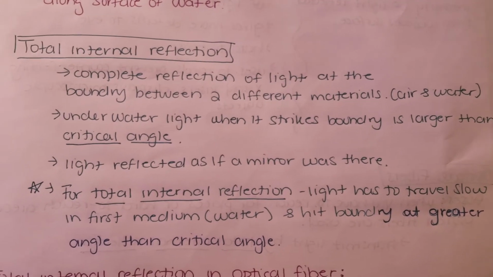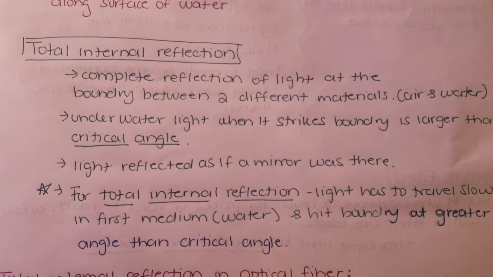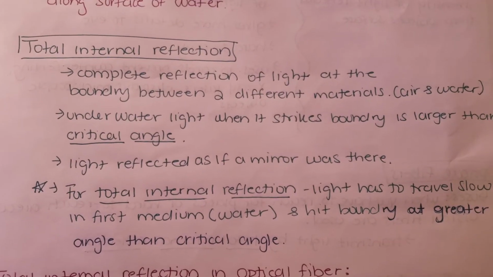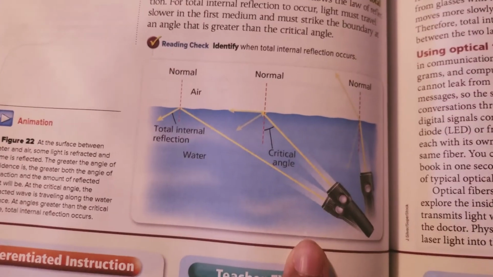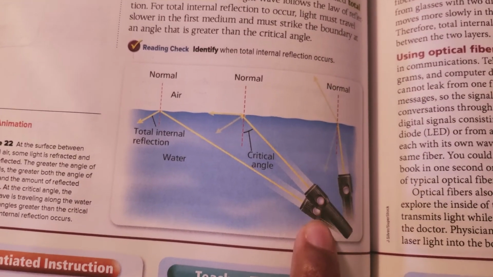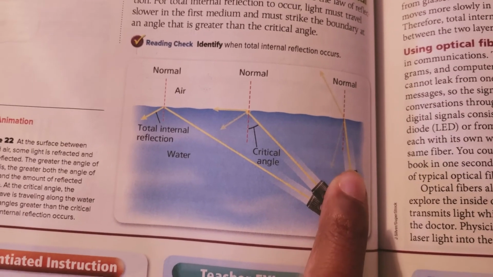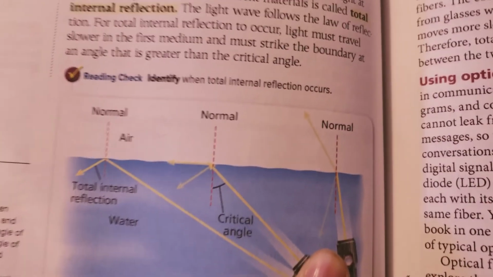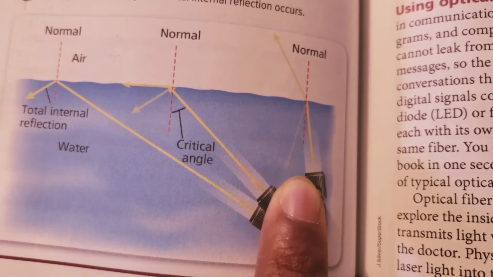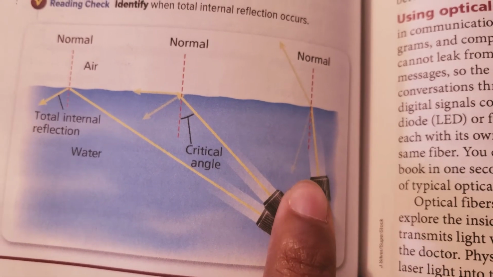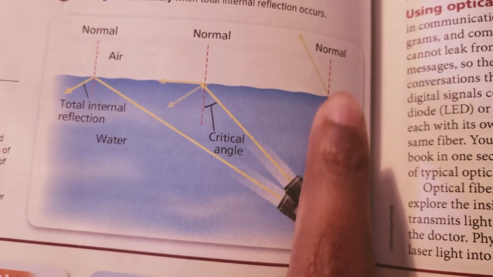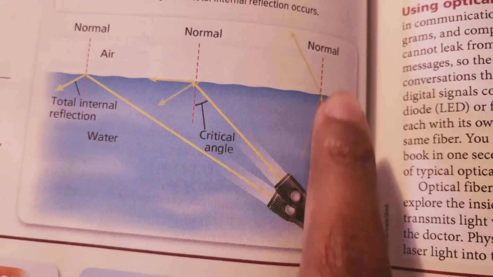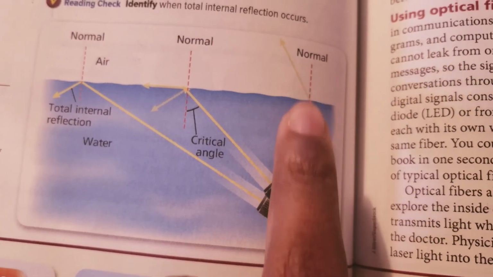and be completely reflected back into the water. Alright, so now let's look at a picture that you have in your book. On page 386, figure 22, we see that we have three light sources. So we have these three flashlights. The first figure that we see right here shows that the light is shining at an angle, but you see the normal in the middle in red.